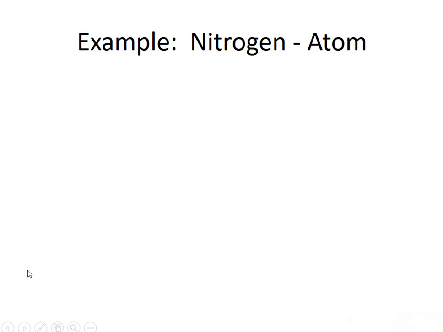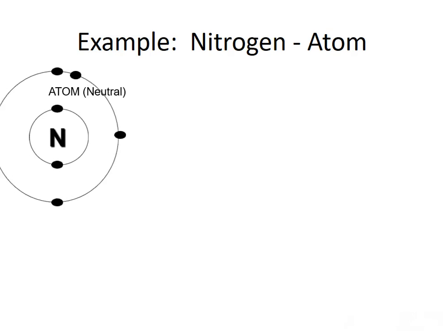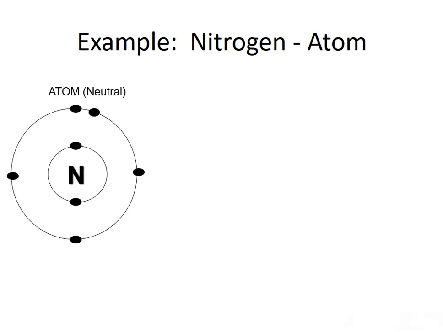Okay, so let's work through an anion example of how the ion would form. We're going to look at nitrogen. Here is our nitrogen neutral atom. There are 7 protons in nitrogen's nucleus, and for the atom to be neutral, it will have 7 electrons, and there are also 7 neutrons.